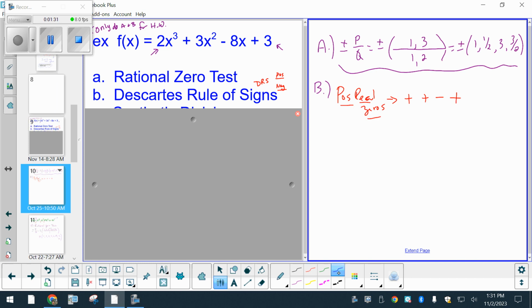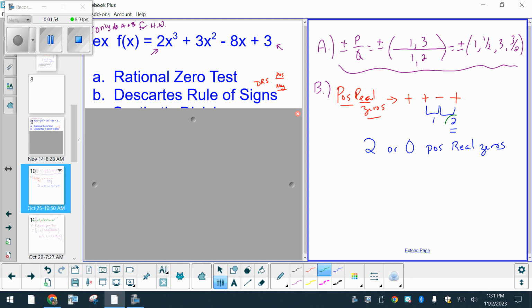And we're going to check and see how many times the signs change. So they change 2 times. So you want to write 2 or 0 positive real zeros.